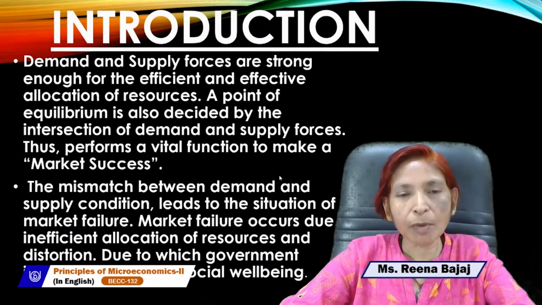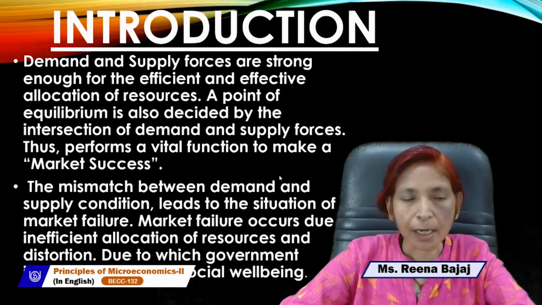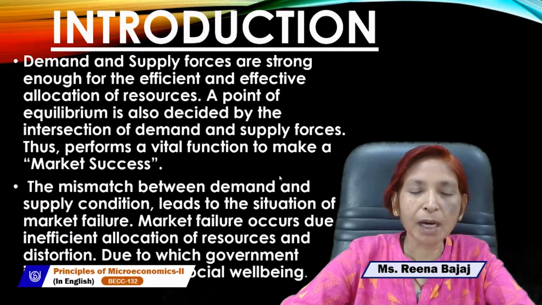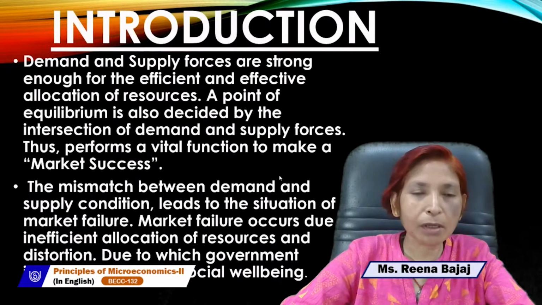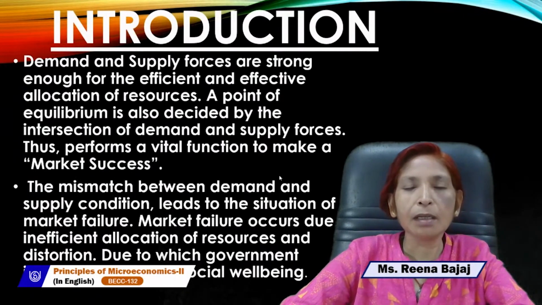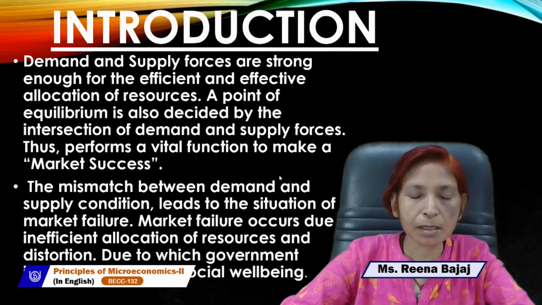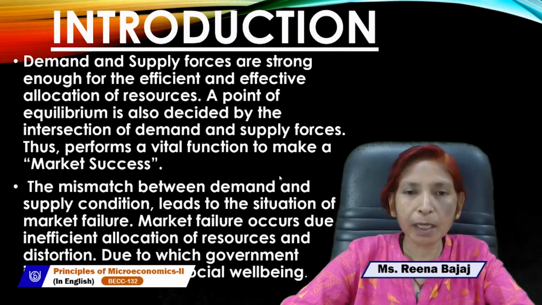Today we will discuss which market is a successful market and which market is called market failure, because there are different forms of market in our economy, like perfect competition, monopoly, monopolistic competition, oligopoly, and so many other forms also exist in the economy, like duopoly market, monopsony market, bilateral monopoly market, etc.